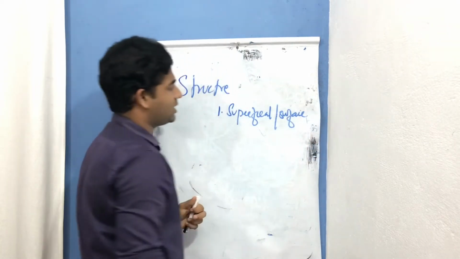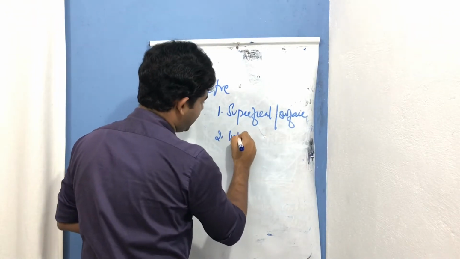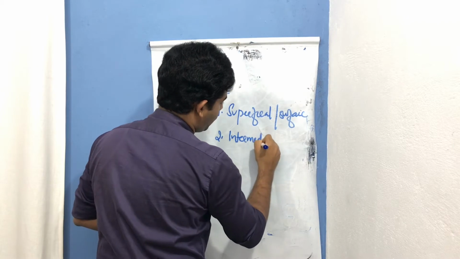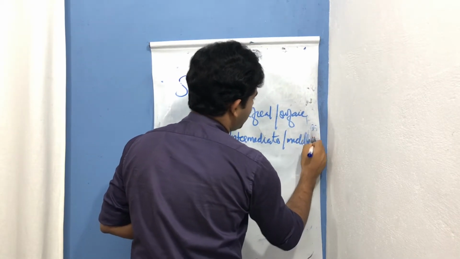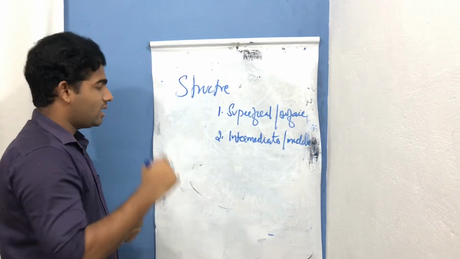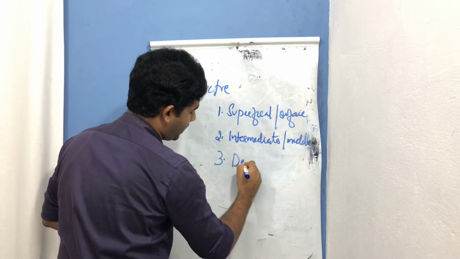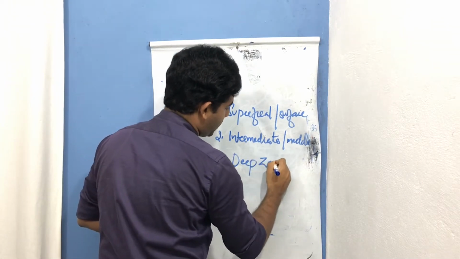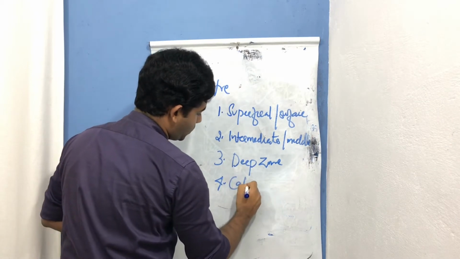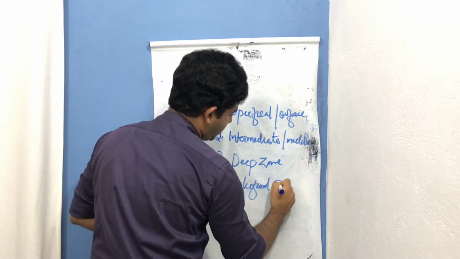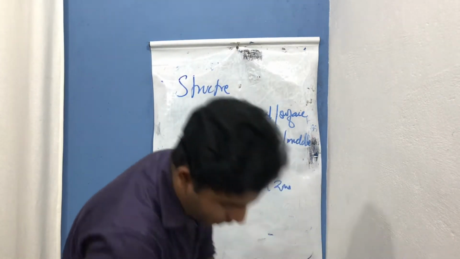The second one is the intermediate layer or middle layer. We call it a zone also. The superficial zone, the intermediate zone, then the deep zone, and finally we have the calcified zone. So these are the 4 zones of the cartilage.